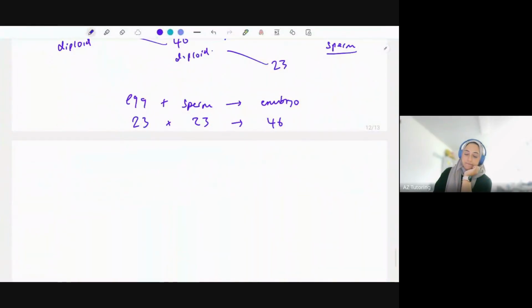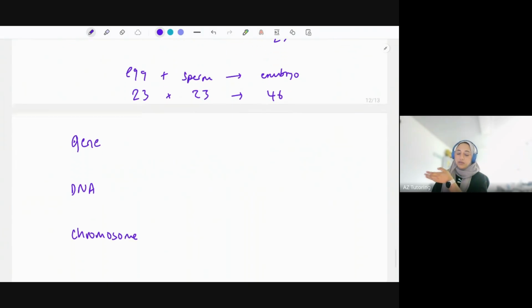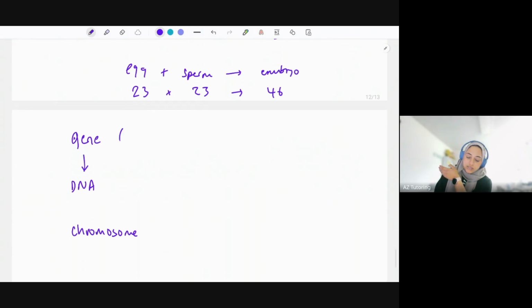Okay, let me explain the difference between DNA, gene, and chromosome. Technically, they're all the same thing. A gene is a section of the DNA which tells that DNA what it's going to do, what it's coding for exactly.